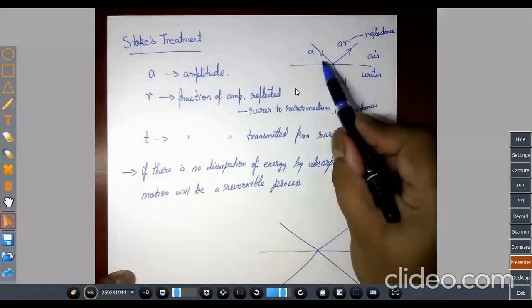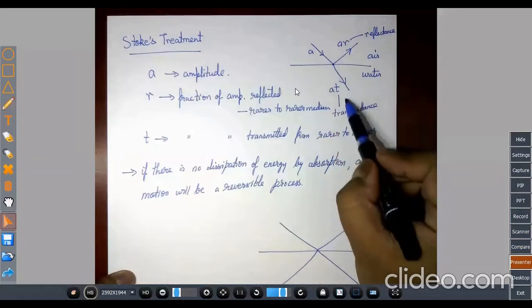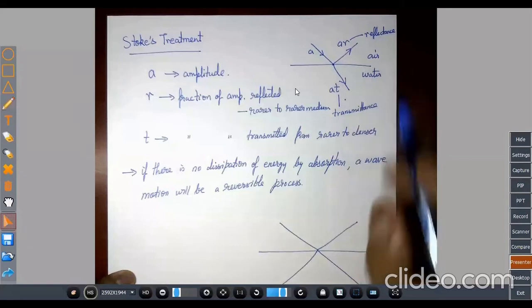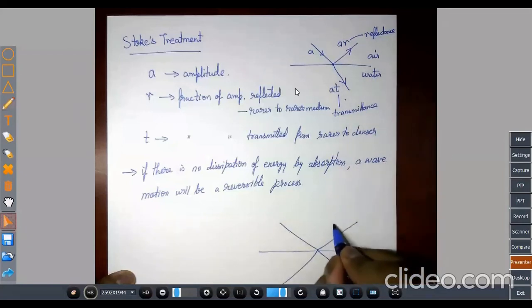Here you see that an amplitude A is coming, At has been transmitted, Ar has been reflected. Now these reflected and transmitted are coming back. At which was transmitted in this direction is coming back. Ar which was reflected in this direction now is coming back.